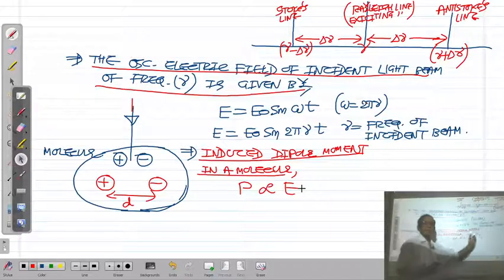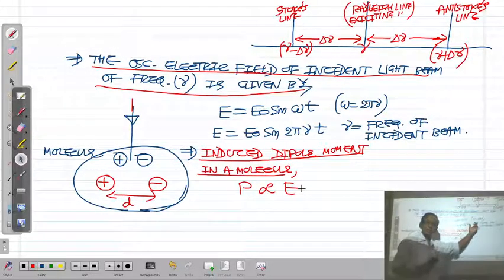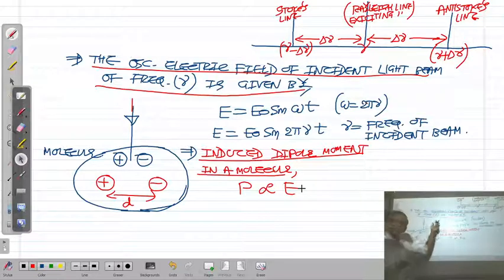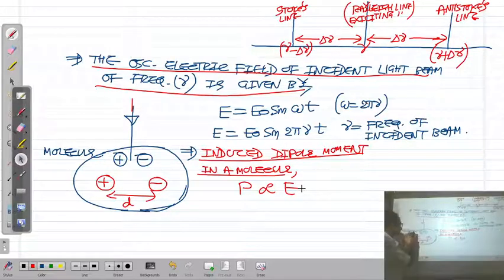The induced dipole moment in the molecule, okay? When a strong beam of visible or ultraviolet light falls upon the molecule, the oscillating electric field E0 sin 2 pi nu t of the incident light separates the positive center and negative center.